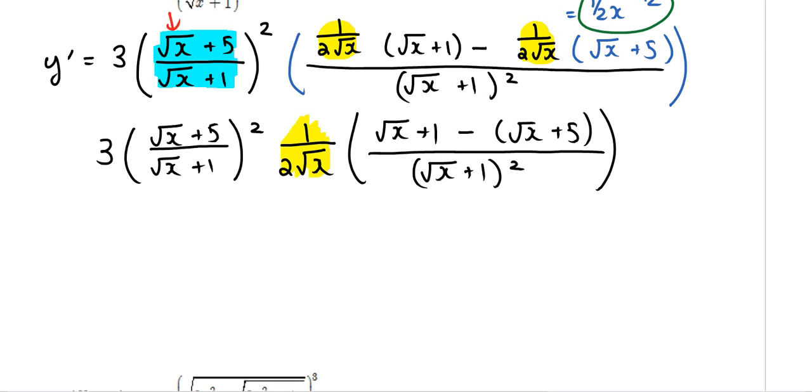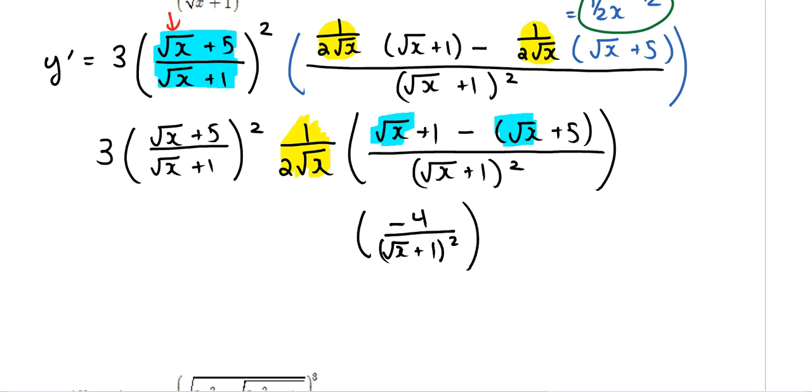Okay, so hold on. This root x right here in blue and that root x will cancel out, and you'd be left with -4 on the numerator. So on the numerator here, you would get -4 all over root x plus 1 all squared.